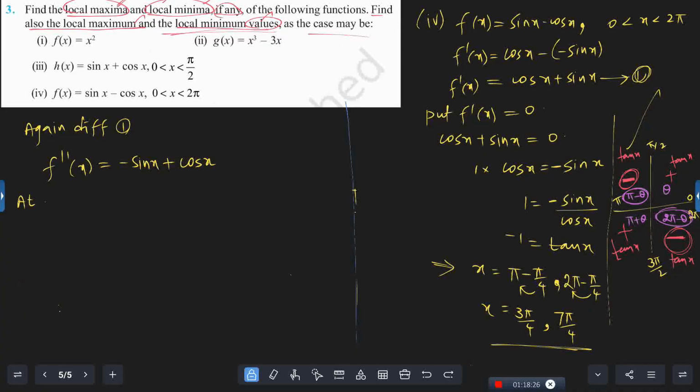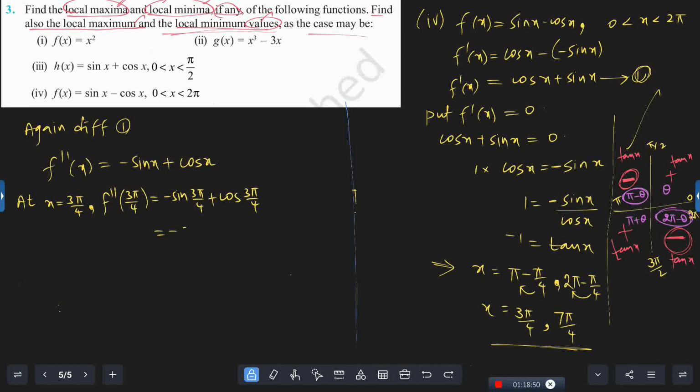First at x is equal to 3 pi by 4. Listen carefully. At 3 pi by 4, first x value I am checking. So f double dash of 3 pi by 4 is equal to minus sin 3 pi by 4, cos 3 pi by 4.